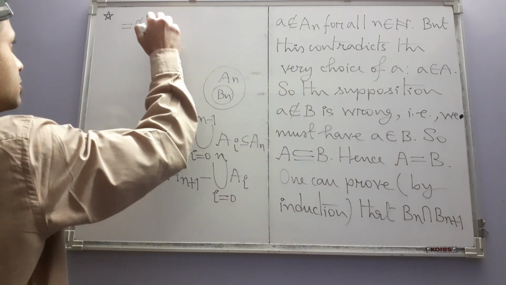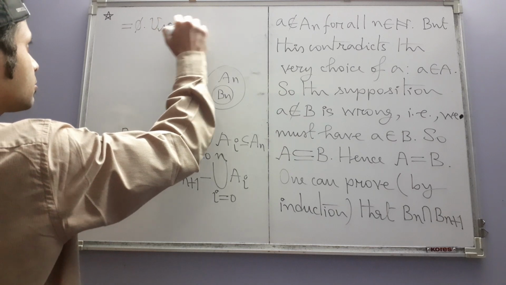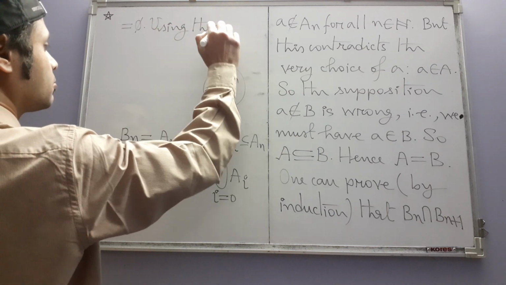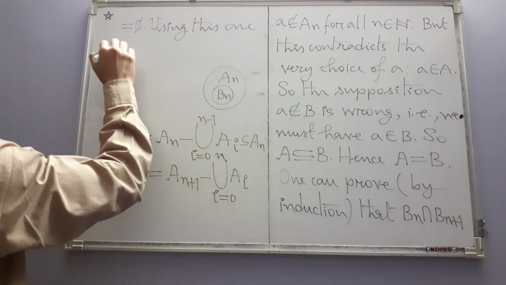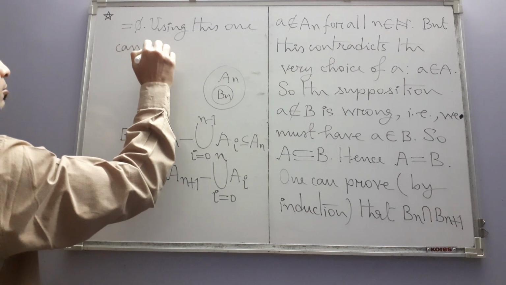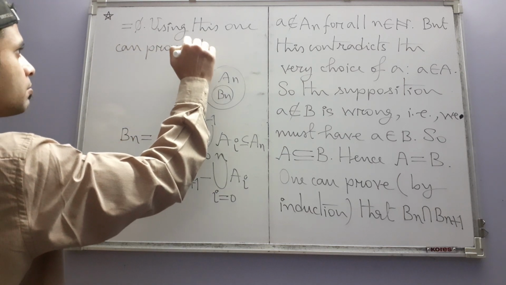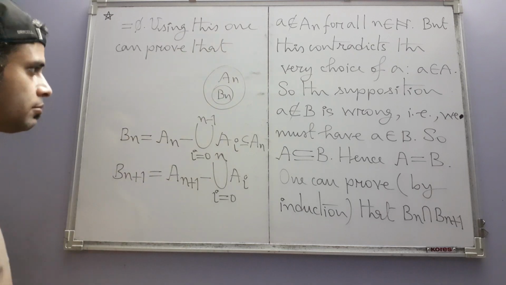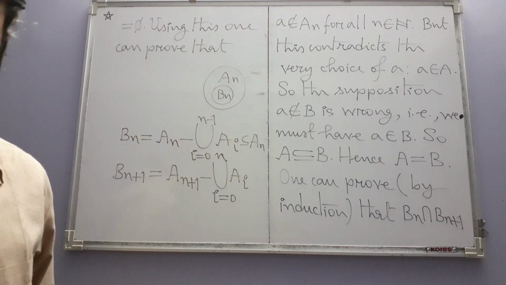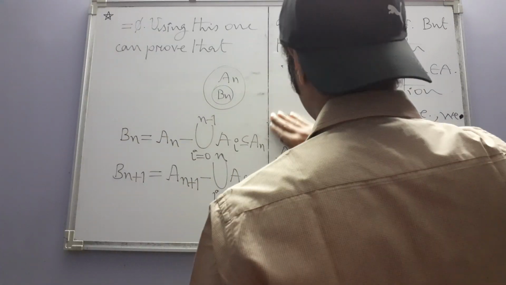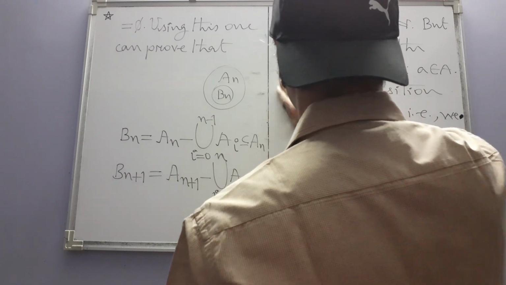And using this, one can prove that Bn and, in general the Bn's are disjoint.